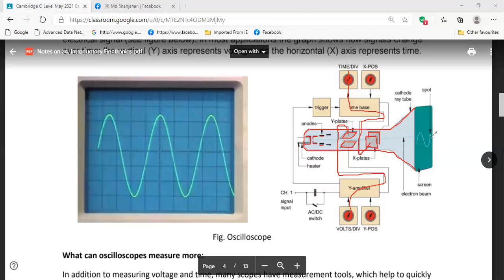And accordingly, the shape of the graph is coming, isn't it? Yes, sir. So this way X plate and Y plate is affecting the path of electrons by the settings. You see the settings is there, right? We can change the knob to get the settings.